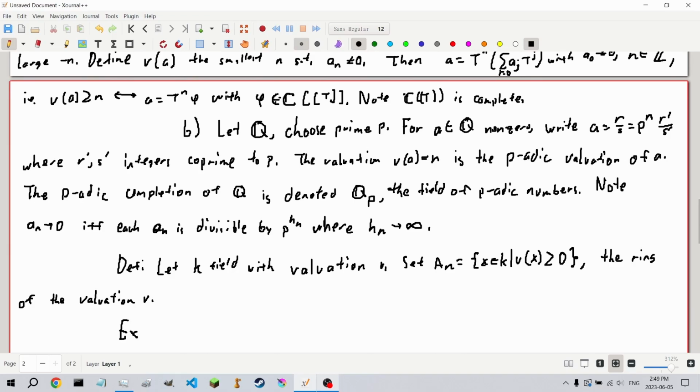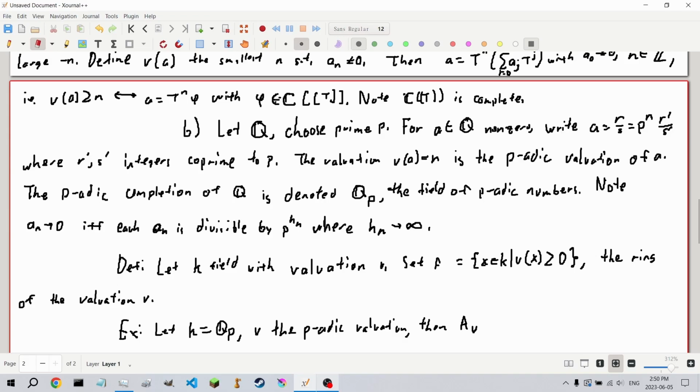An example: let K be the p-adic numbers, and let V be the p-adic valuation. Then A of this valuation, why did I write n up there?